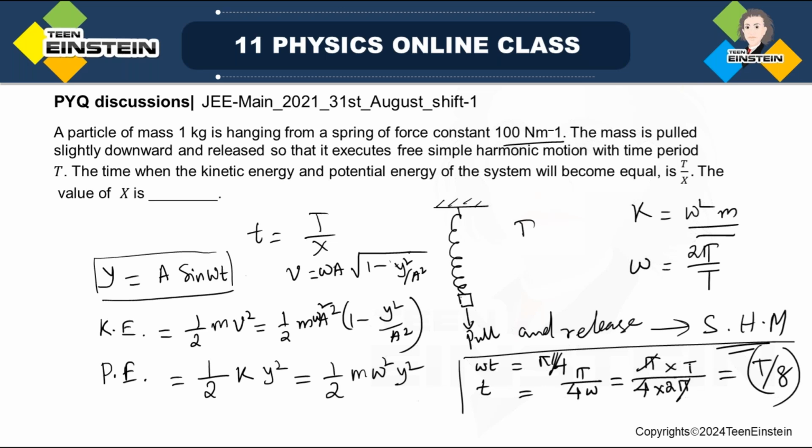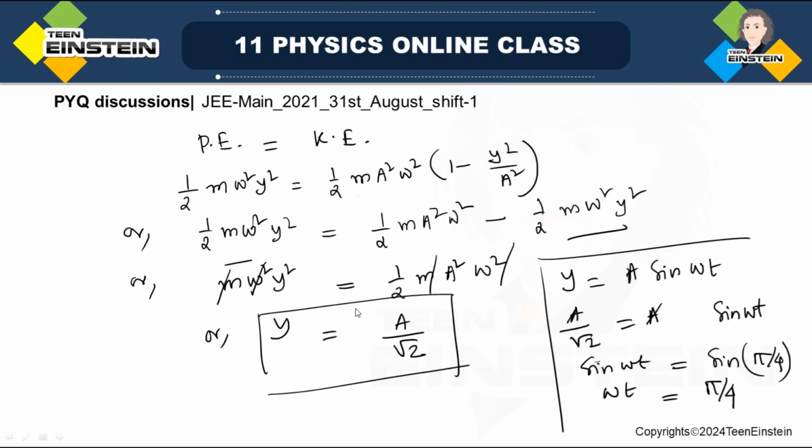I have actually found out the displacement at which the kinetic energy and potential energy are going to be equal. Now, in this equation, I put that displacement so that I get a relation between small t, the time, and the time period.